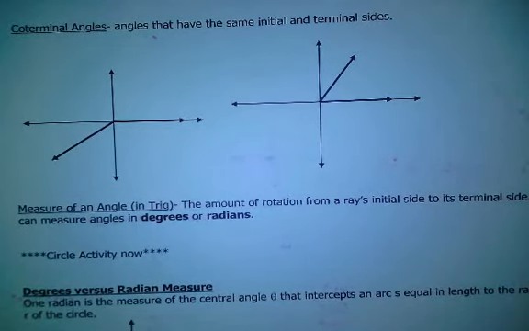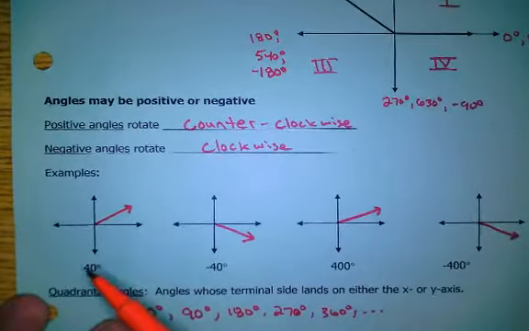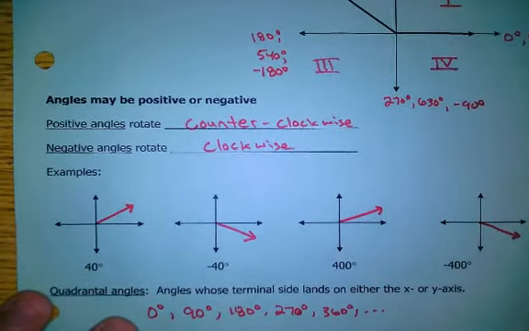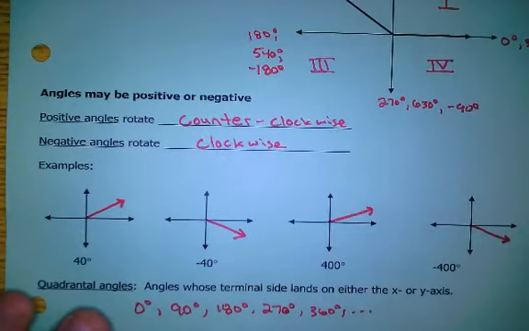Okay, so is 440, are they coterminal angles? Yes. Why are these coterminal? They're the same. So anybody's coterminal angle is just 360 degrees away in either direction.